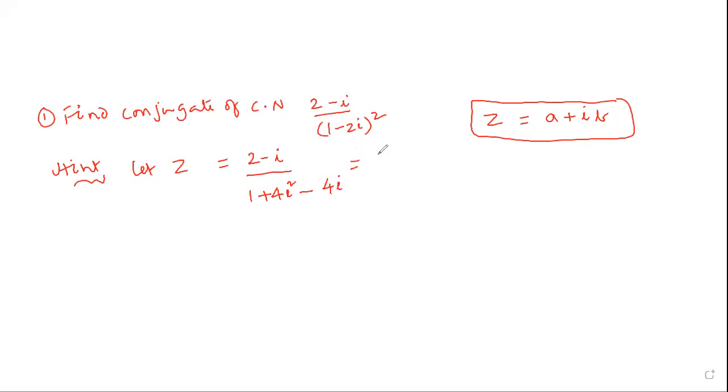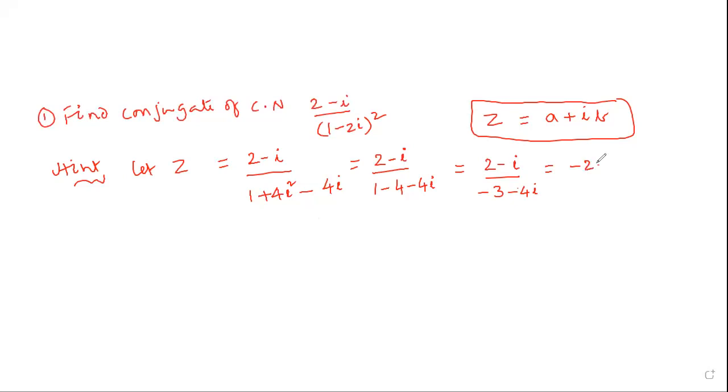I square value is minus 1, so 1 minus 4 minus 4i. Next, 2 minus i by minus 3 minus 4i. Take minus and multiply the numerator.